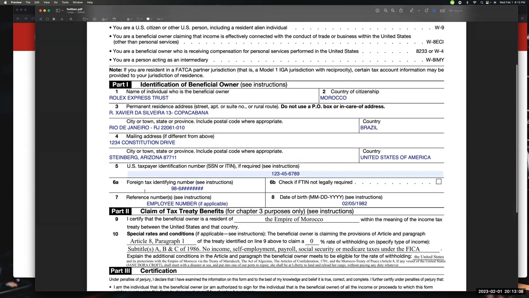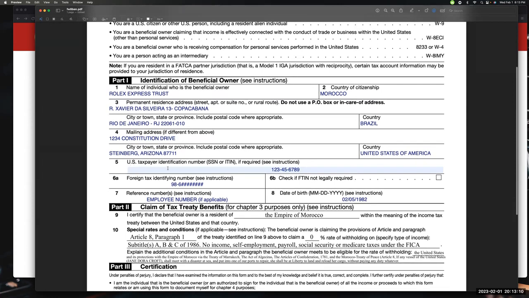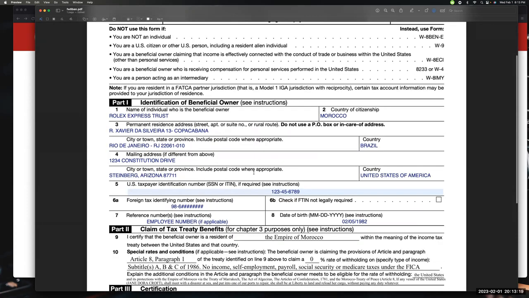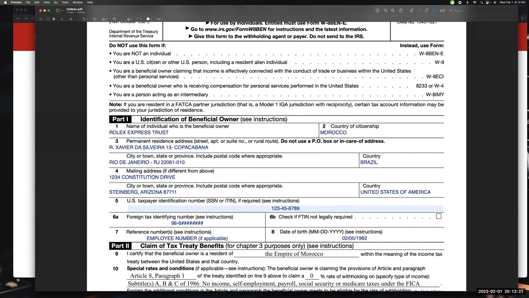Then you're going to provide, in number five, your SSN number. This is in league with the US citizen person. Do not worry about this here because your employer is not going to accept a W-9 if they're handing you a W-4. You can try to have that argument with them all day long.